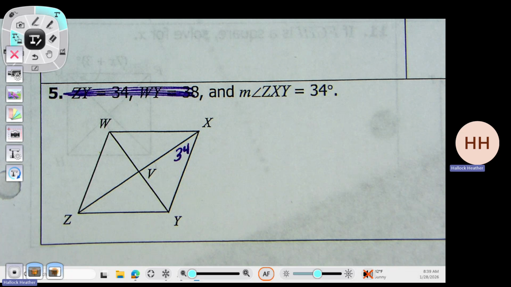So 34 can jump across the transversal. It can also go directly next to it. In each intersection, smack dab in the middle where the crisscross is, where the X is, those are all 90. And then one triangle makes, well, all the triangles make 180.